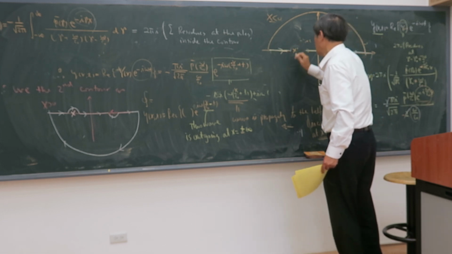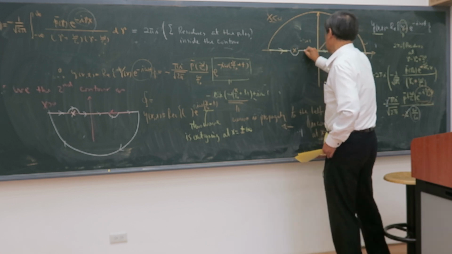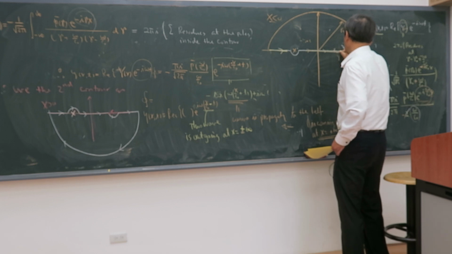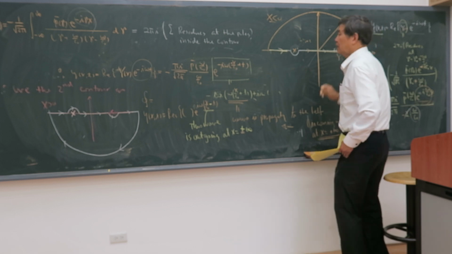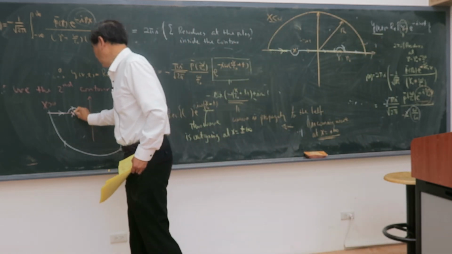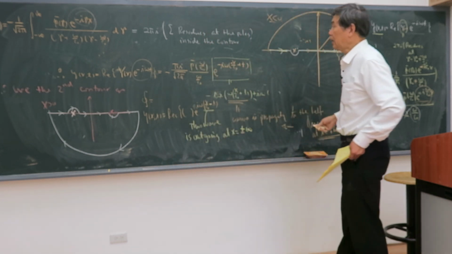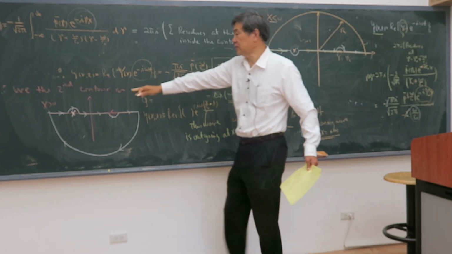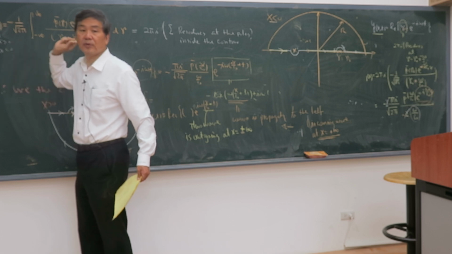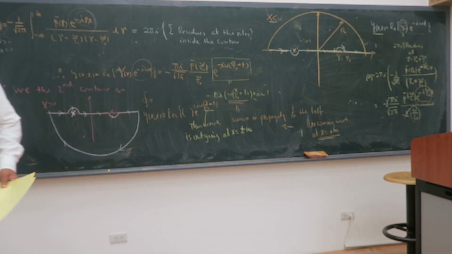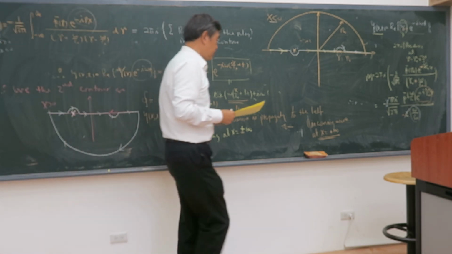Still containing, right? It should contain this one and this one, and this one not. This one contains this pole, and this one contains this pole. For different x, when you input, you should choose a different contour. The result will be a little bit different.